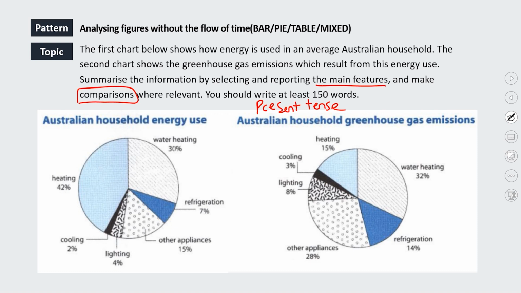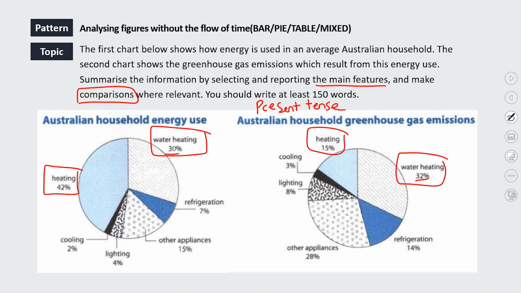The first thing I'm looking at is I'm thinking, okay, well, there's this huge chunk, water heating at 30% in this graph, and then at 32% over here. So almost staying the same, 30% to 32% is a large chunk. That's probably a good trend to talk about. The other thing I see when I straight away look at it is heating is 42% over here, but yet only 15% of greenhouse gases, okay?